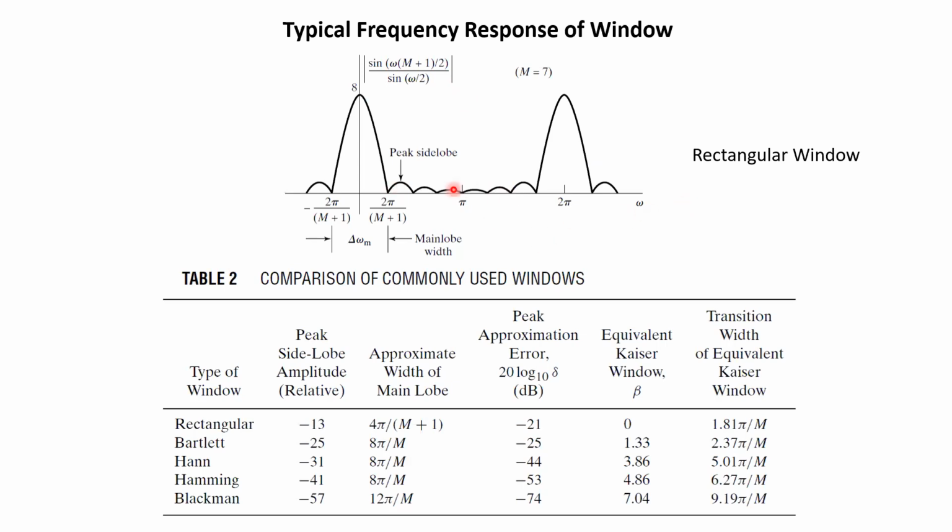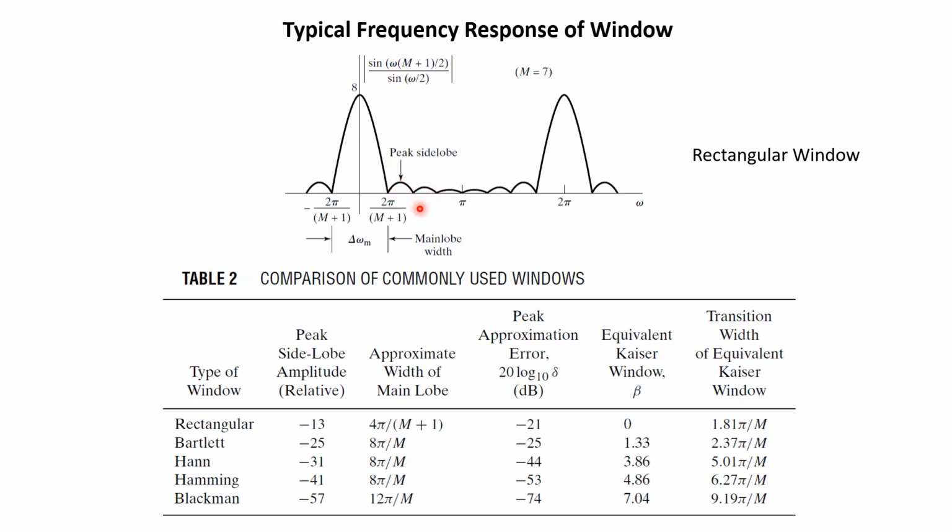Because for low frequency this filtering operation has certain gain, it will act as a low pass filter, right? It will be passing the low frequency component, but the high frequency component will be attenuated, because the gain offered by this filter is reducing when we are increasing the frequency.